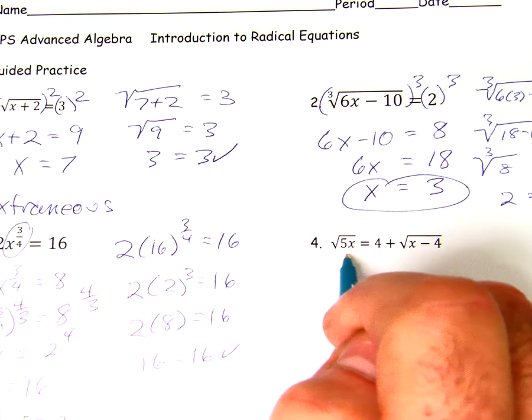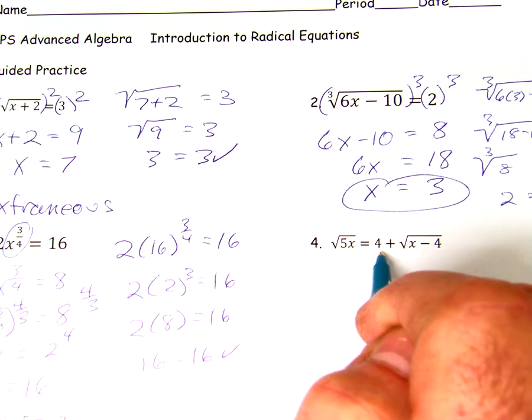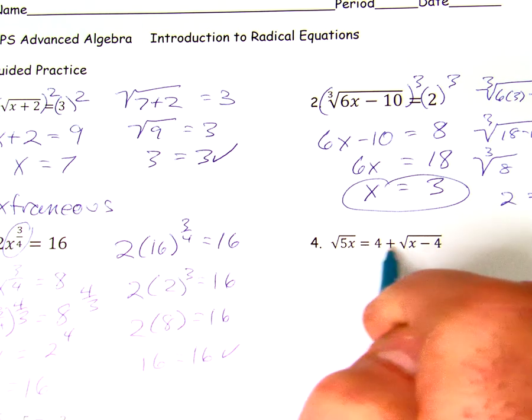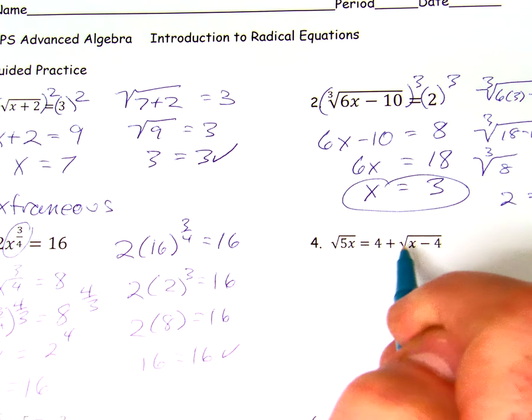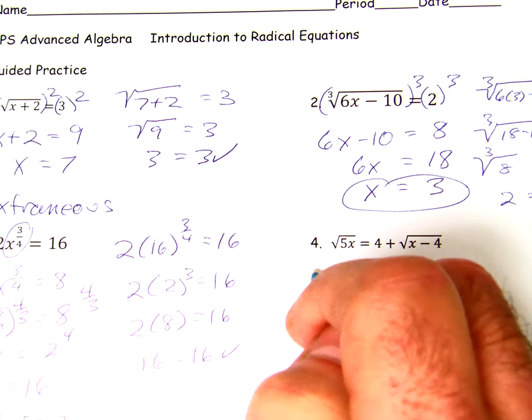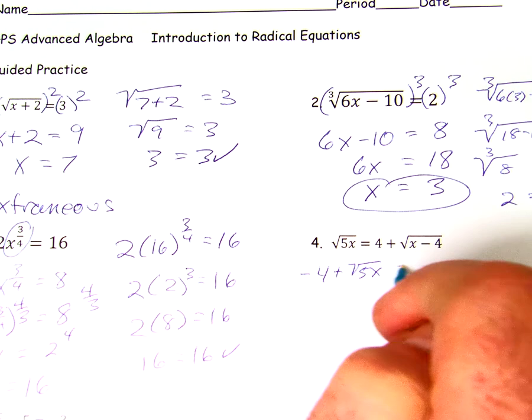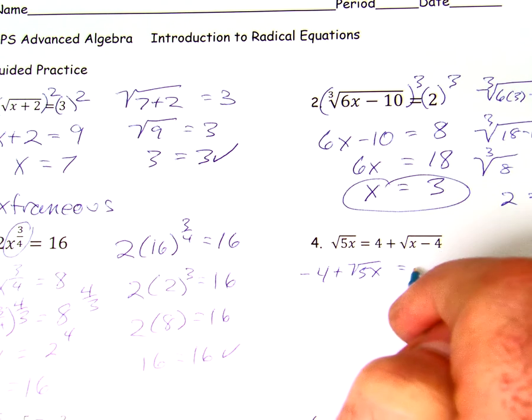All right. There's no way to isolate the radicals here because I either have 4 plus or I can subtract 4. Because I have this binomial radicand under here, I'm going to go ahead and subtract 4 from both sides. I just like the way that came out better because I tried it the other way.